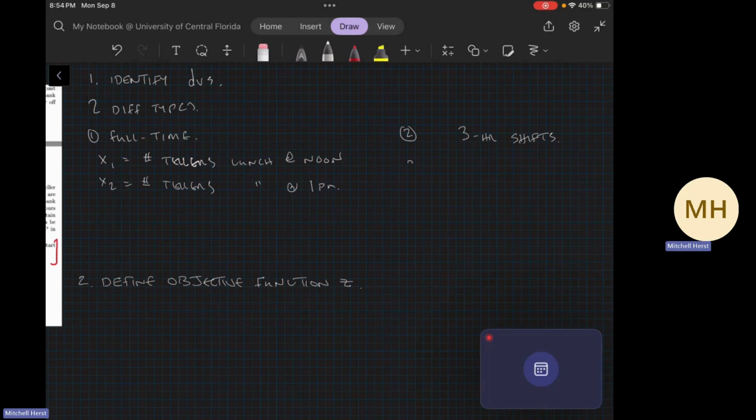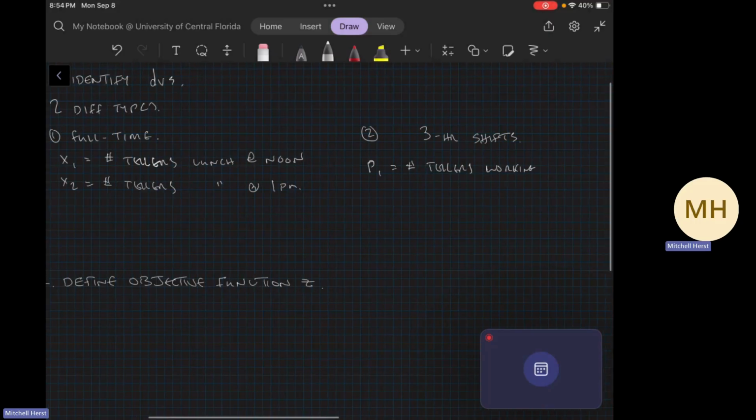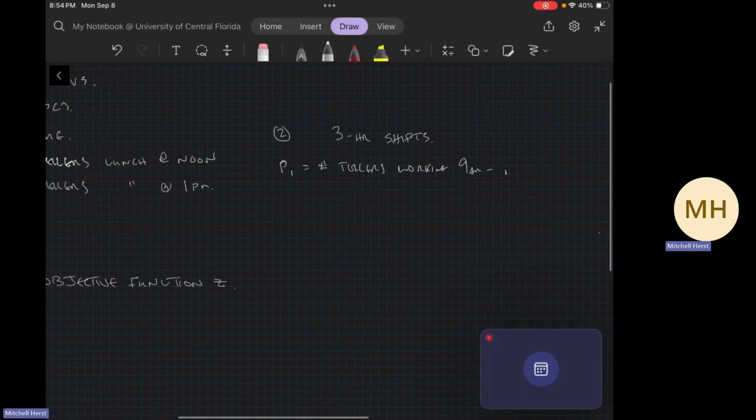So it's going to be P1, and we'll let that equal the number of tellers that are working from start time 9 a.m. to noon. P2 will be the number of tellers working from 10 a.m. to 1 p.m.